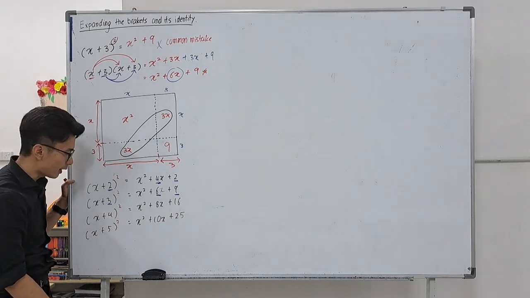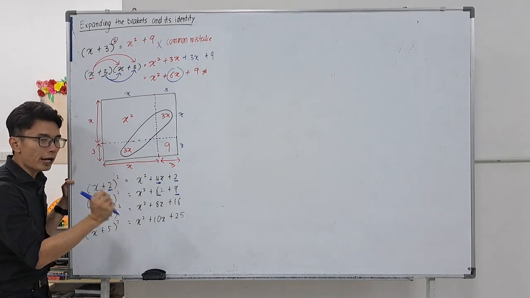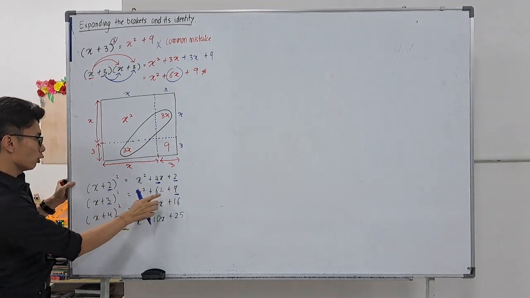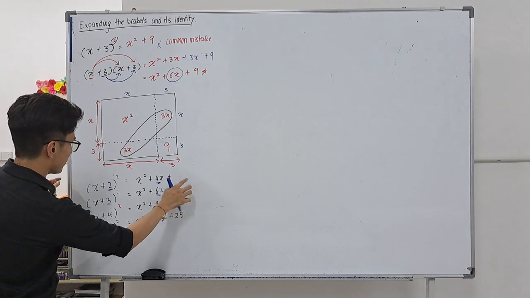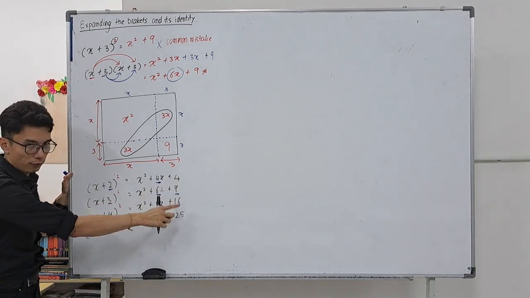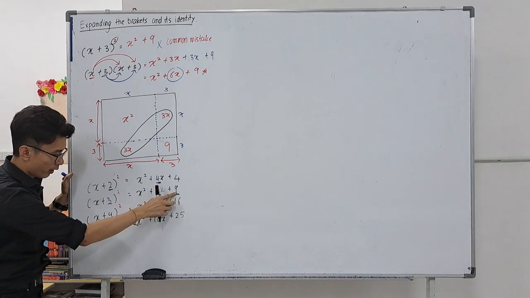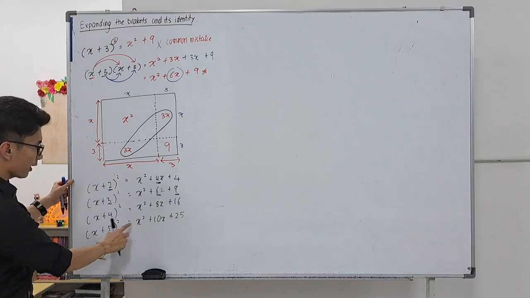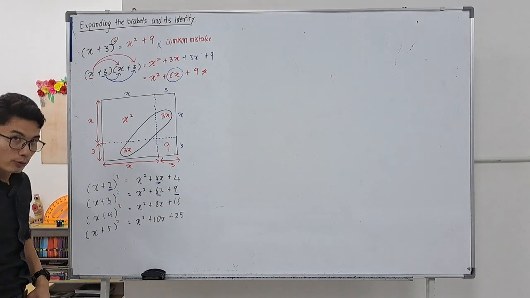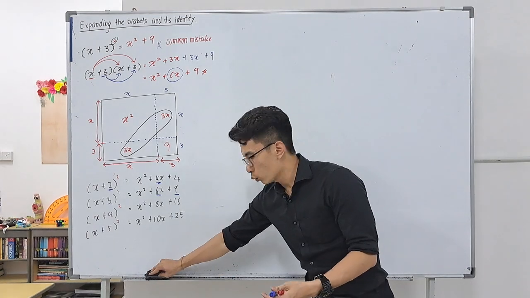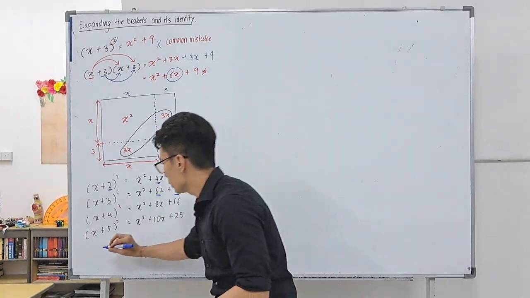It's everything squared. 2 squared, my mistake over here, this guy should be 4. 2 squared should be 4, 3 squared is 9, 4 squared is 16, and 5 squared I should get 25. Can you see that?